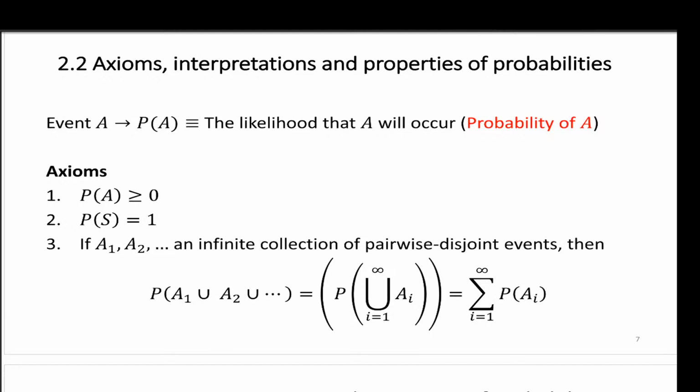So here we go. 2.2, Axioms and Interpretation of Probabilities. Probability is the likelihood that an event will occur out of a certain number of occurrences of an experiment. I like to think of it as: if I do this experiment 1,000,000 times, how many times will this event occur? And the infinite limit of that.